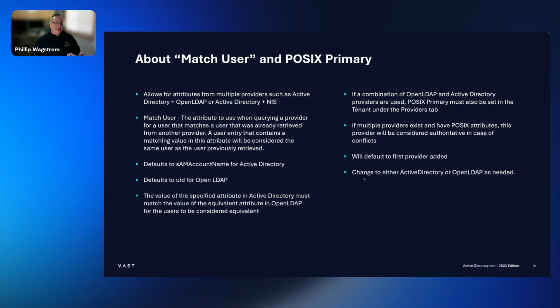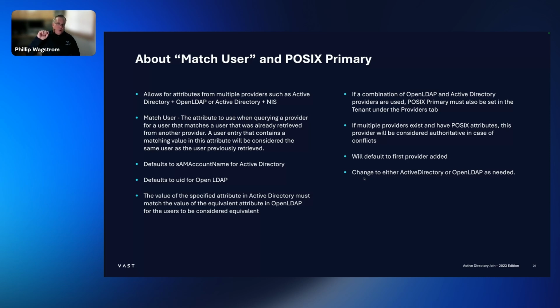So what this means is that this is how I will identify a user from Active Directory to a user in OpenLDAP. Now, match user isn't going to be used if I have all the attributes in one location. So if I have Active Directory, I've got my RFC 2307 attributes, so the user object in Active Directory has UID number and GID number already. The match user variable doesn't matter.